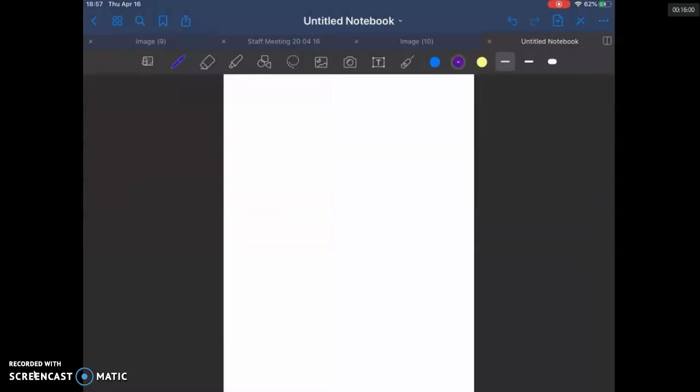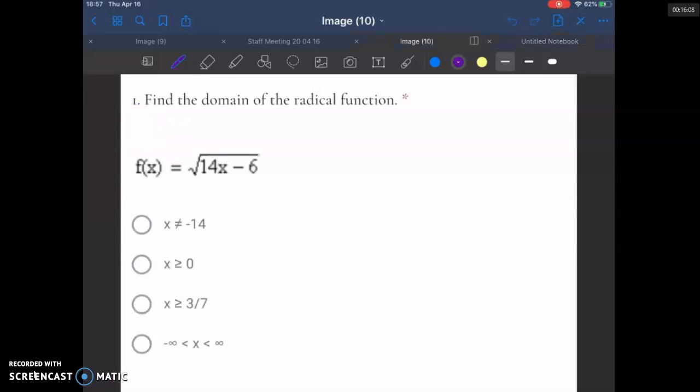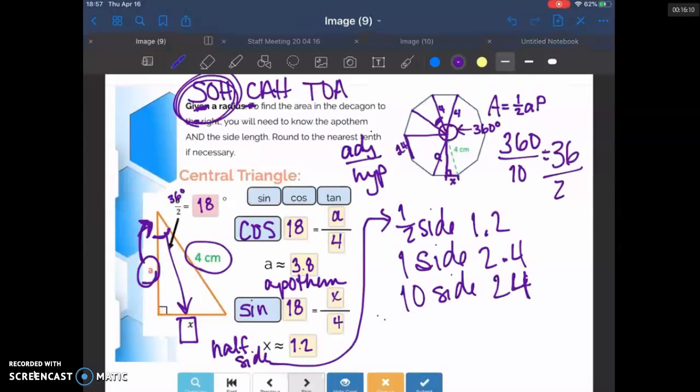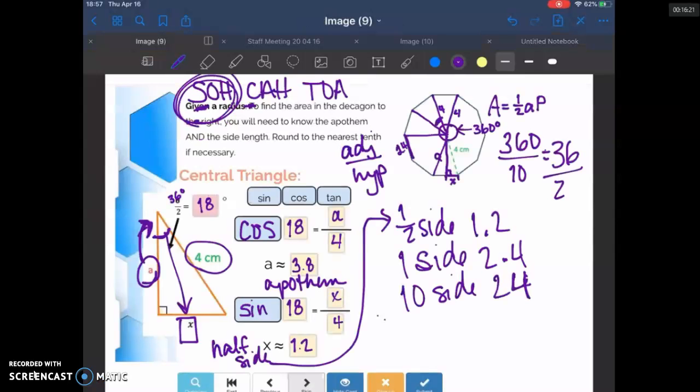We know that our apothem is, what did we say it was? 3.8. And we know our perimeter is 24.